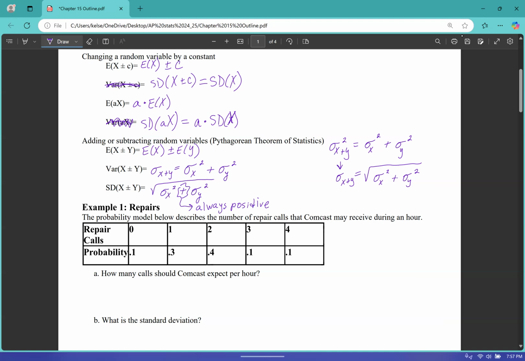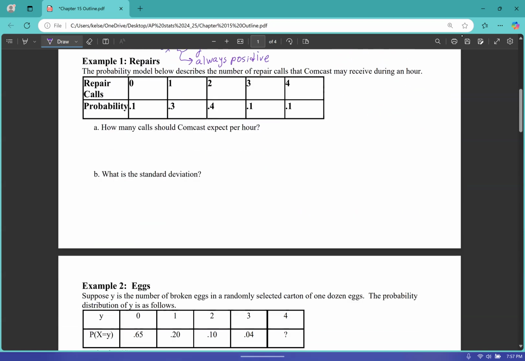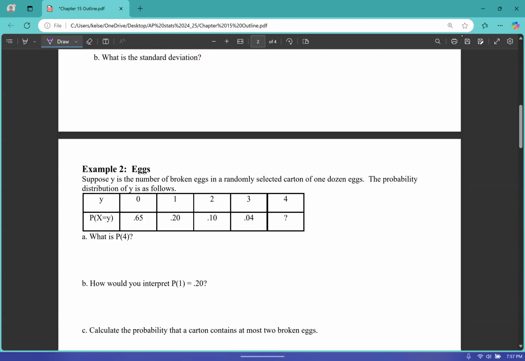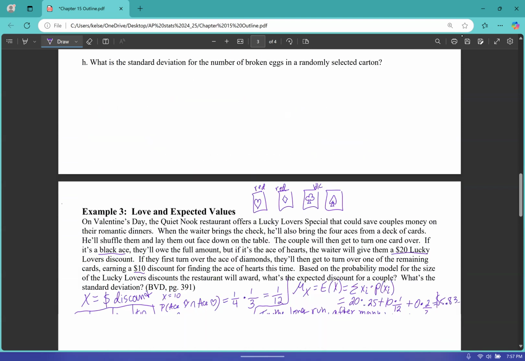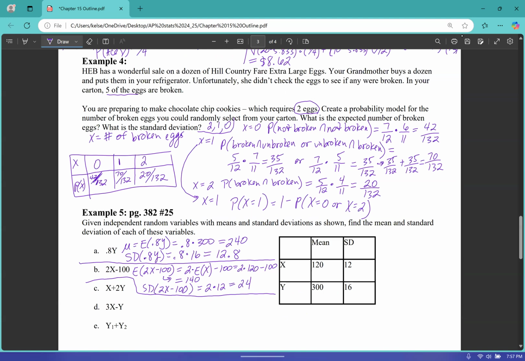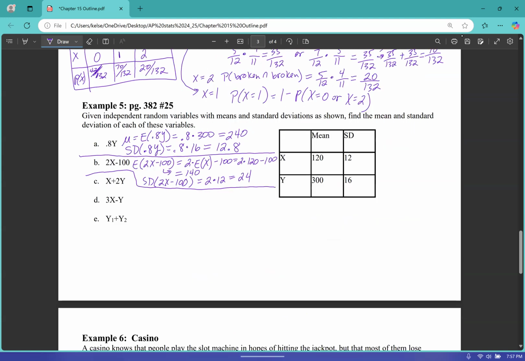So now we'll go back and look at our examples. Okay, so we have x plus 2y. Sorry for running out of room here.